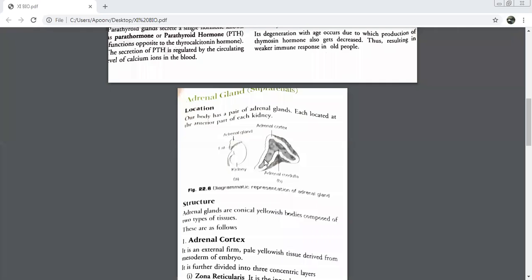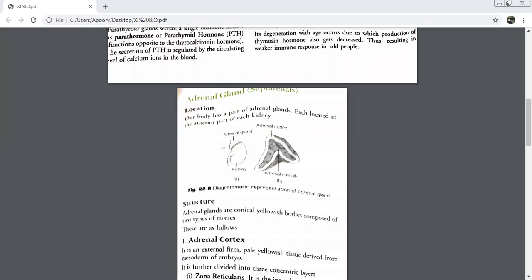We have two types of tissues in the adrenal gland. Number one, the adrenal cortex. It is a very strong, firm, pale yellow colored tissue which is derived from the mesoderm of the embryo. We remember we had done ectoderm and endoderm origin. All the glands of the head, I told you yesterday, were of what origin? Ectoderm. Very good. And all the glands in the neck region were of what origin?